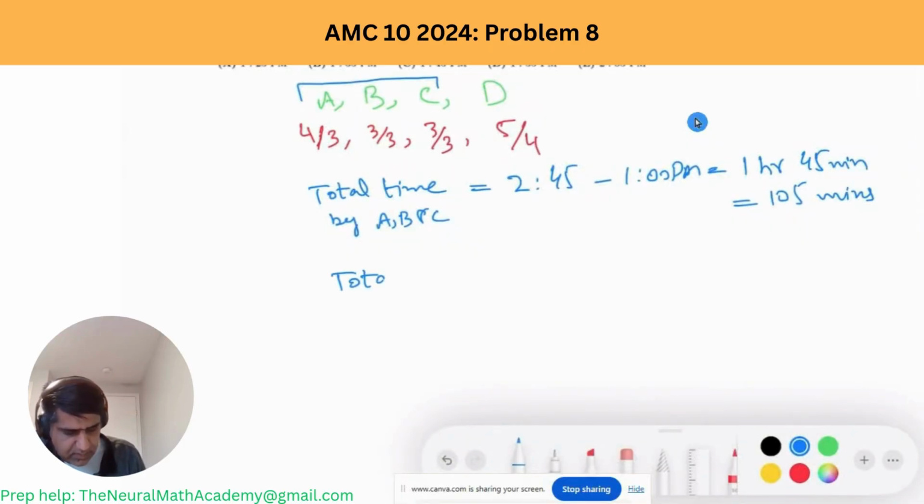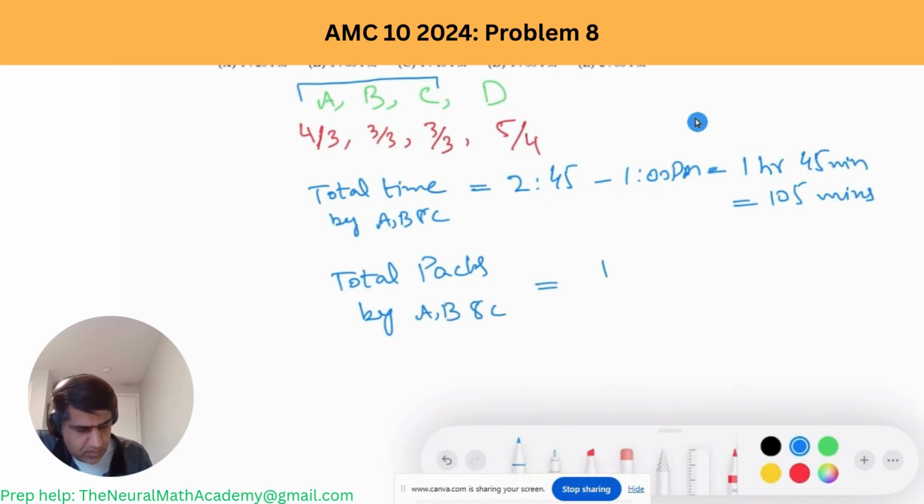So the total packed by A, B, and C is equal to 105 divided by 3 and multiply by 4 plus 3 plus 3, and that would be equal to 350.